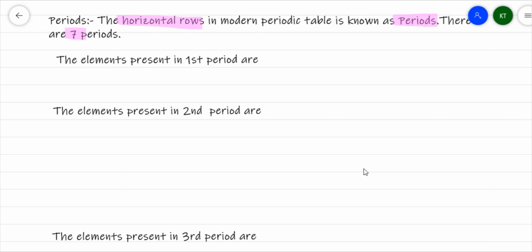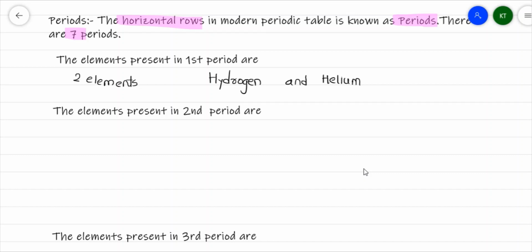Here also we need to know some of the elements present in the periods. The first period has only 2 elements, that is hydrogen and helium.